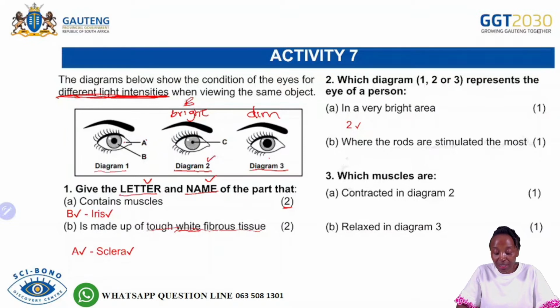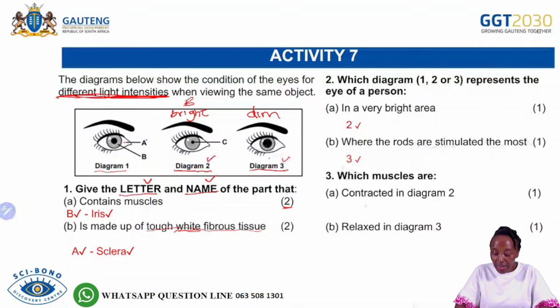So where the rods are stimulated the most, that will be diagram 3. Why? Because we said the pupil size is highly dilated, meaning this person is looking at the object, but in the room where they are, it is very dark, therefore the pupil size is highly dilated, but then the rods are very active because this person needs to have a clear image. So then for this answer, it is diagram 3.